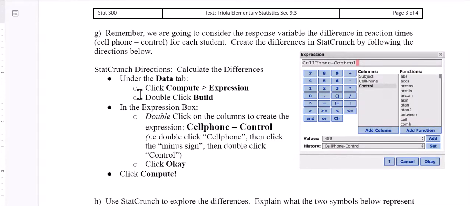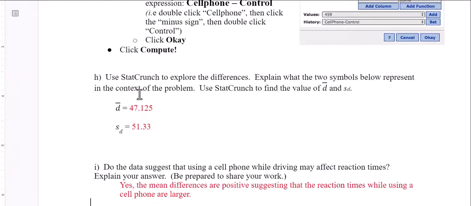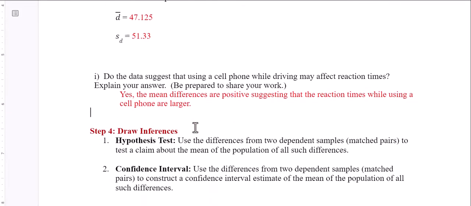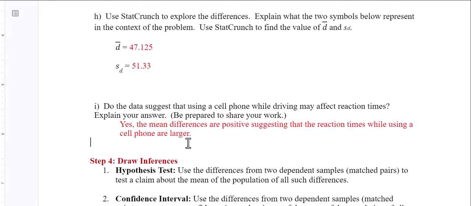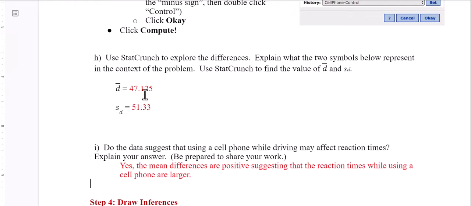if your claim is that there is a delay, but the average difference was really close to zero or even negative, then you really wouldn't have anything to go for. You wouldn't continue the study because your data doesn't support your claim. You wouldn't go do a hypothesis test or a confidence interval because the data collected from your sample doesn't support the claim you're making.